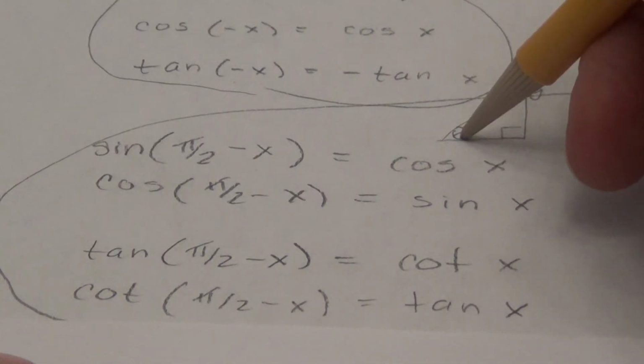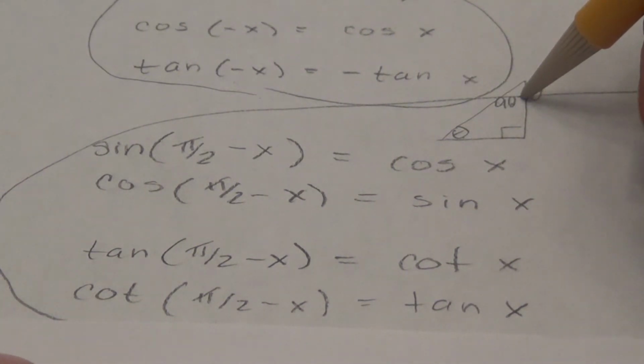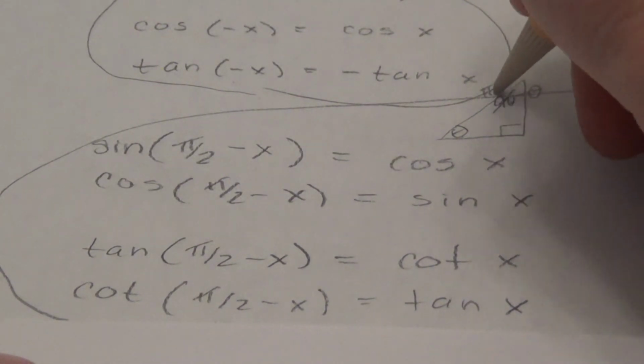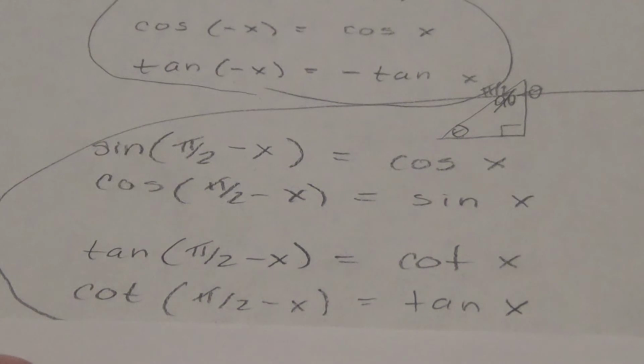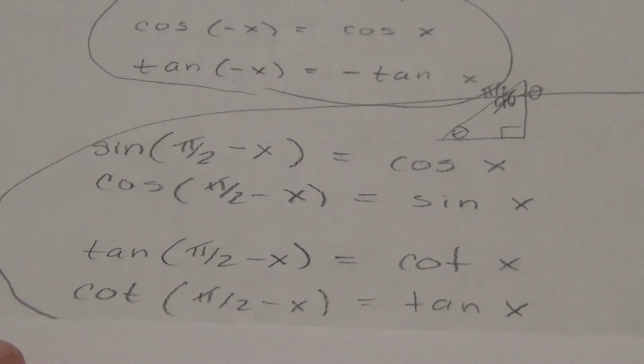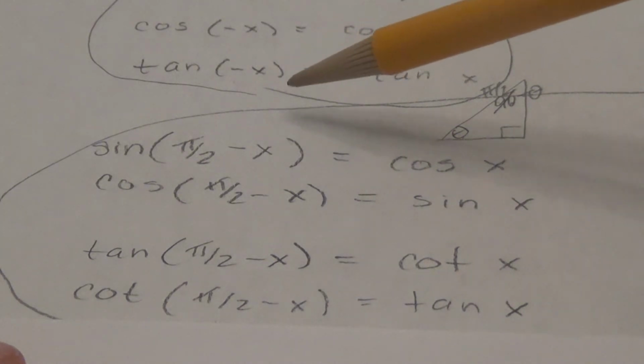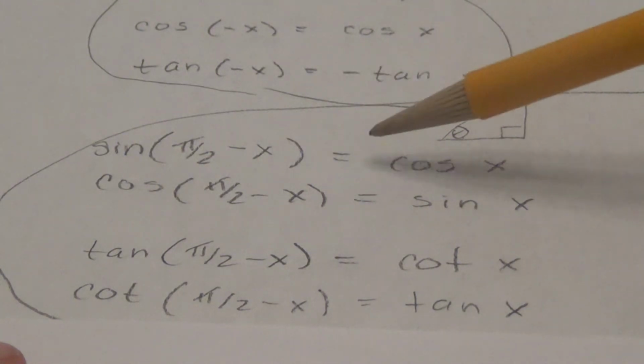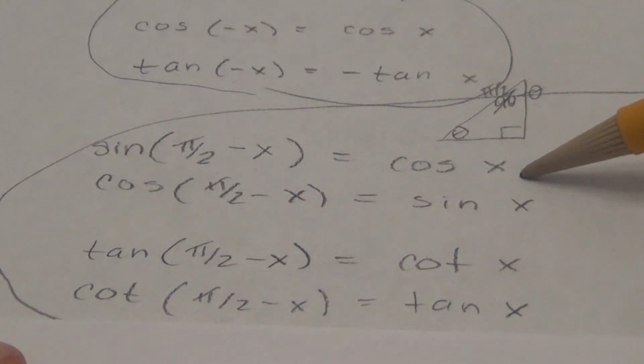Or we can think of that as pi over 2. And it turns out, and we established all these earlier, this is just revamping, establishing these. So sine of the other angle, I'll call it, is cosine of the angle.